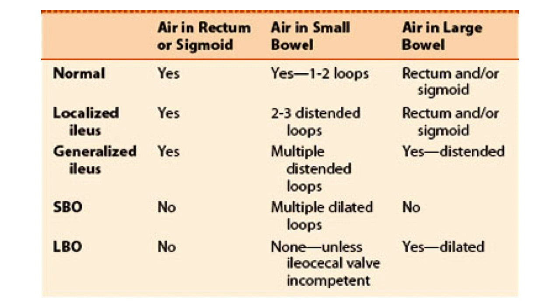Okay, so let's recap this, which is very important. So we request the 3 X-rays. Remember, the lateral decubitus is to be sure if there is gas or not in the rectum. If there is gas in the rectum, that means we are talking about paralytic ileus, or generalized ileus.